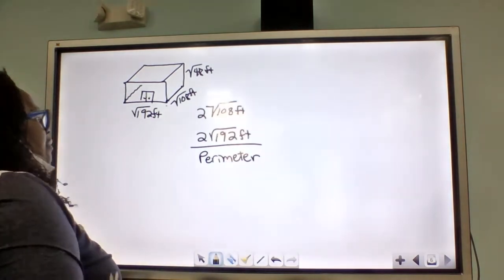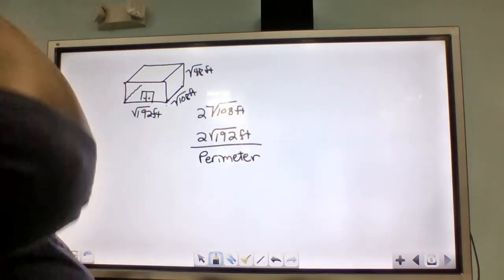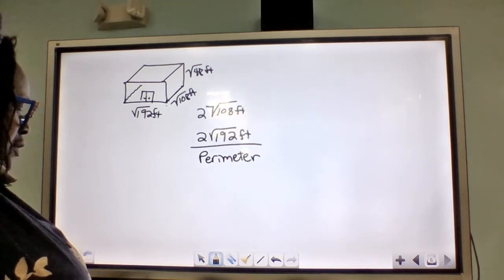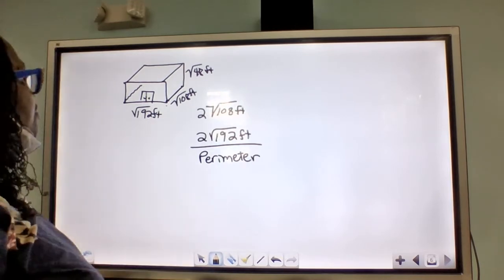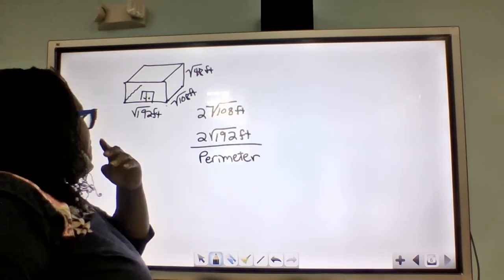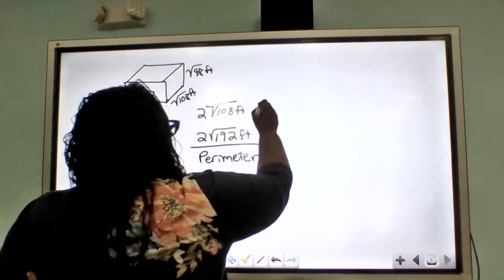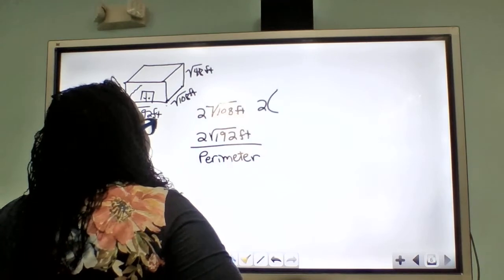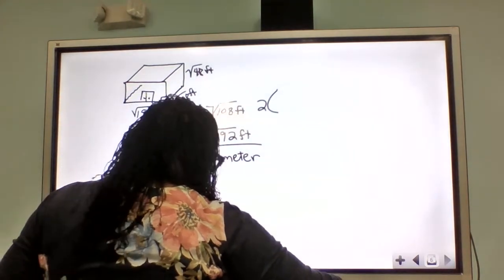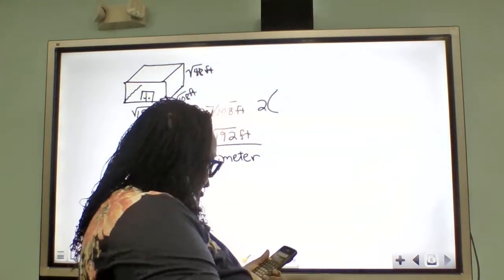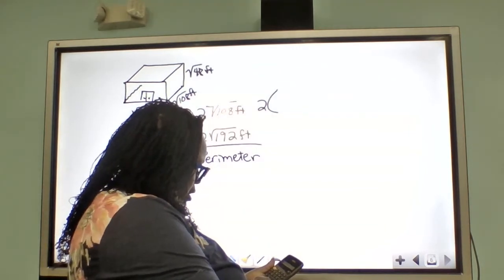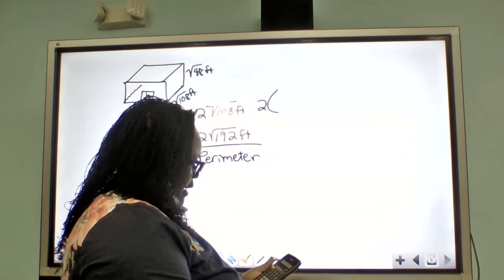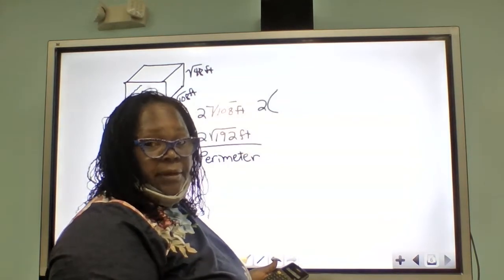Okay? Now, in order to simplify this to its simplest form, we would need to identify the perfect factors for these numbers. So let's take a look. If we have 2 times whatever it is, and we find the perfect factors, we can take our calculators and say, okay, let's try 108 divided by 2, and we have 54, which is not a perfect square.